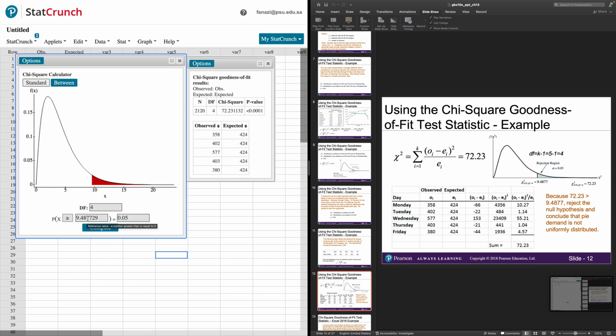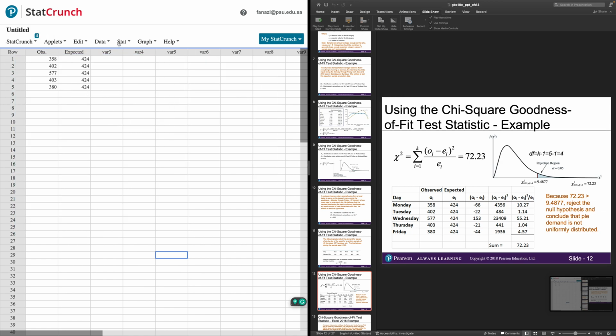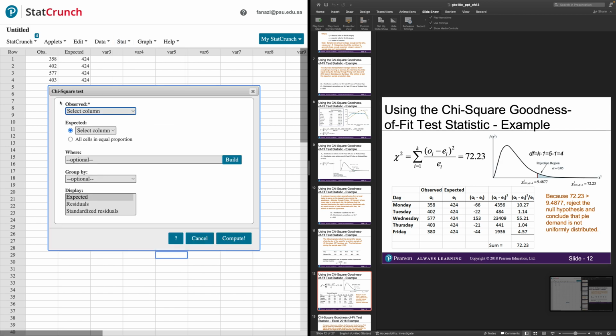What is another way, which is much easier but only works with uniform? I just go to Stat, goodness of fit, chi-square test. When they ask me about observed, I select observed, but when I come to expected, I go to all cells in equal proportion.